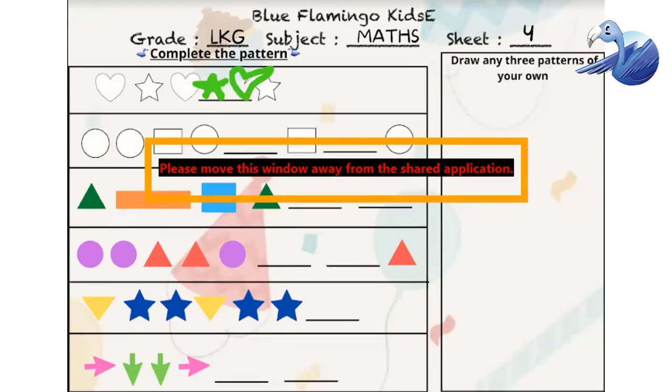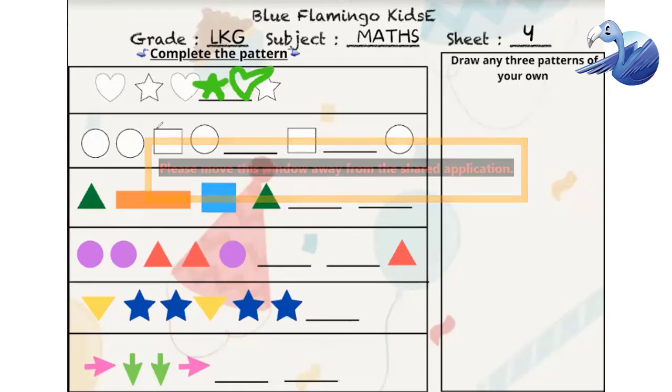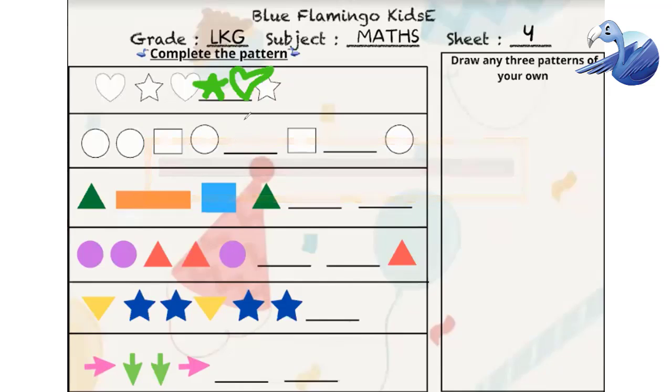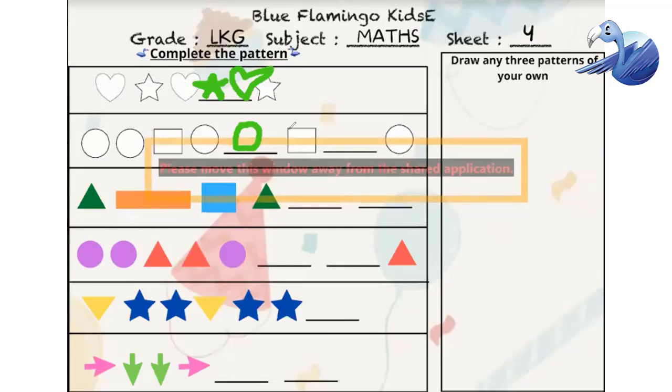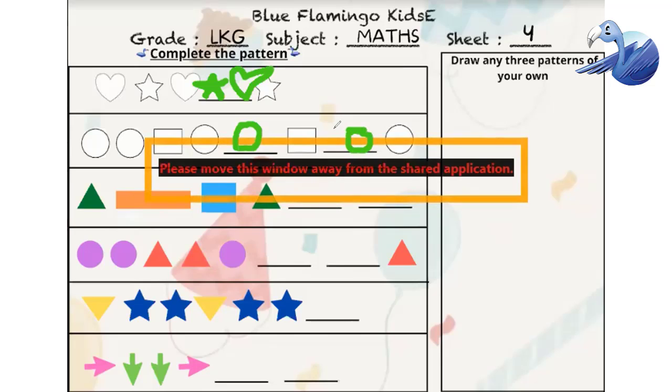Actually, these are 2 dashes. Okay. Now, students, next is 2 circles, 1 square, again 2 circles, then 1 square, then again 2 circles.